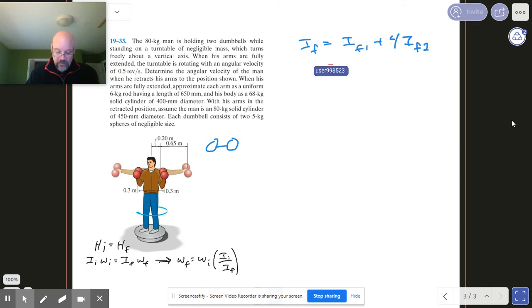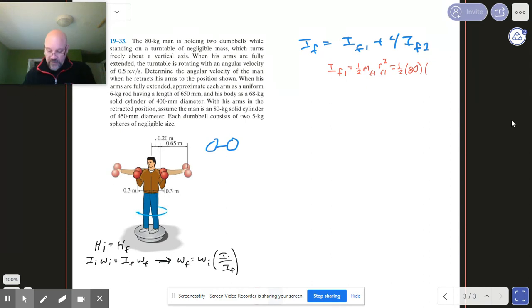So I final 1. Okay, now it tells us to treat this as if his body is like a cylinder. So we're going to have 1/2, we call it MF1 RF1 squared. Okay, so that's a half, and he's 80 kilograms in that position, and his distance, oops, sorry about that, guys.